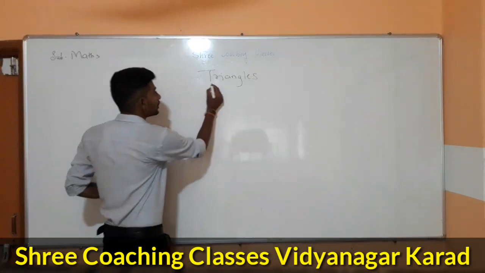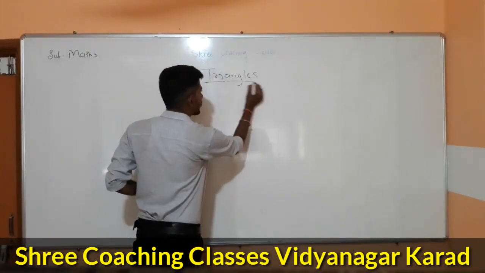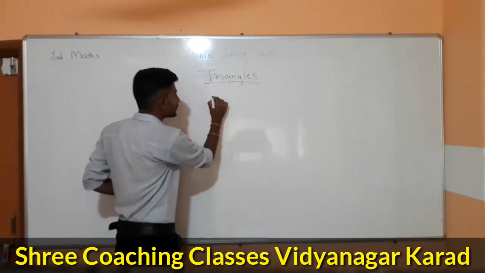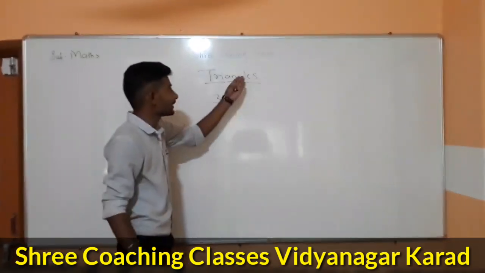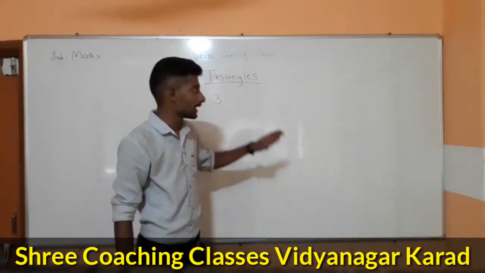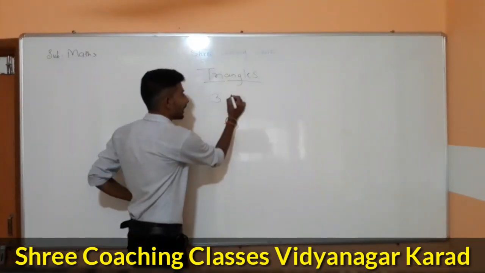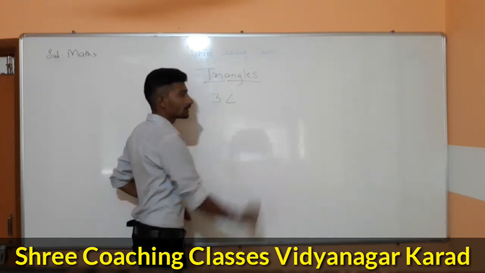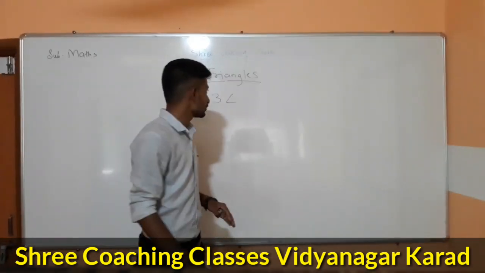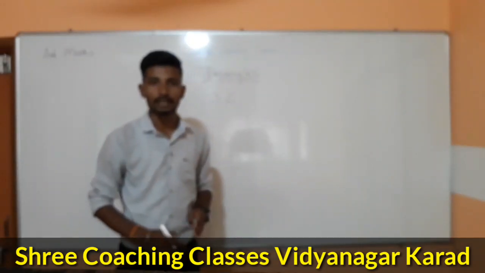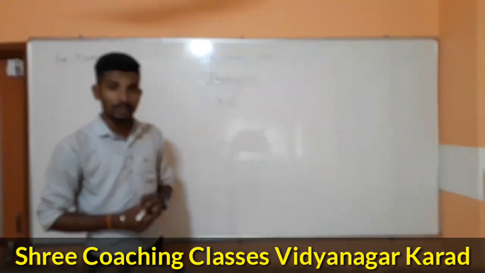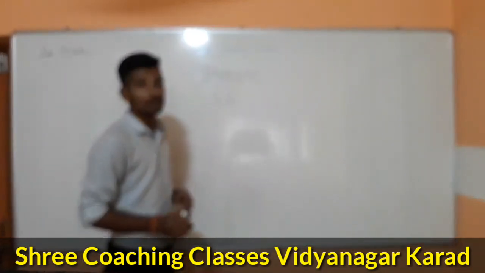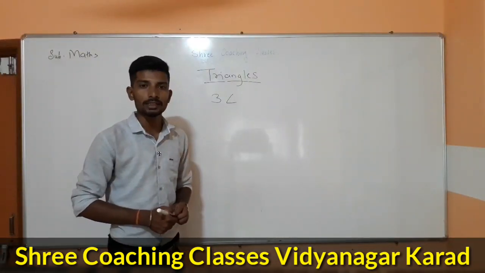See here, tri and angles. Tri means three, and angles we learned yesterday. Angles are formed when two lines join each other. The figure which contains three angles or three sides is called a triangle.